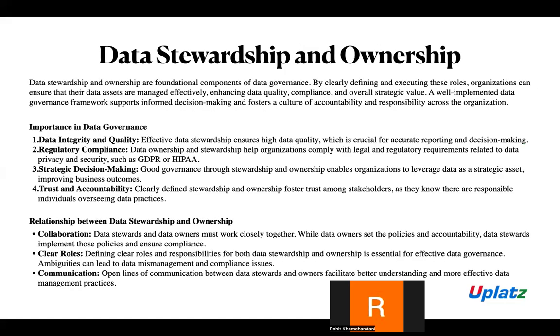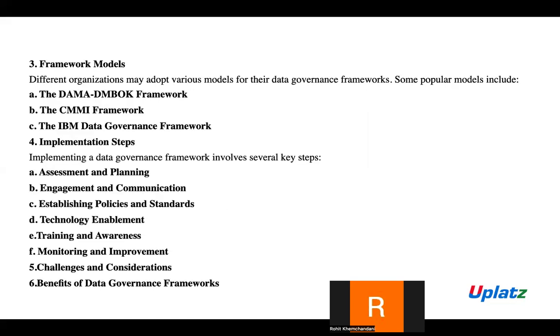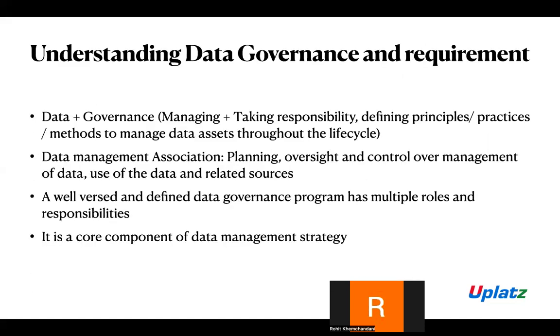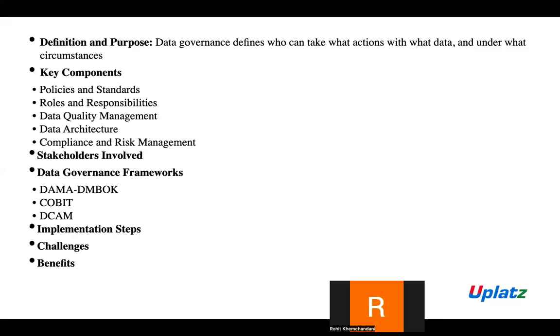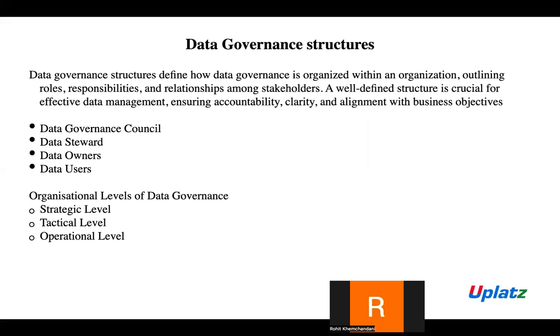So till now, we understood what data governance is, why data governance is required, and data governance frameworks. We have seen data governance structures, the organizational levels of data governance: strategic, tactical, and operational.